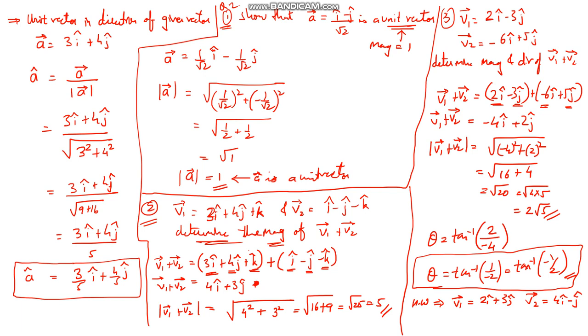You have to find the magnitude and direction of vector v1 plus vector v2. Try and solve this and send it to me by tonight or tomorrow early morning. If there is any query, please let me know. So we'll stop here with this topic. Thank you very much.